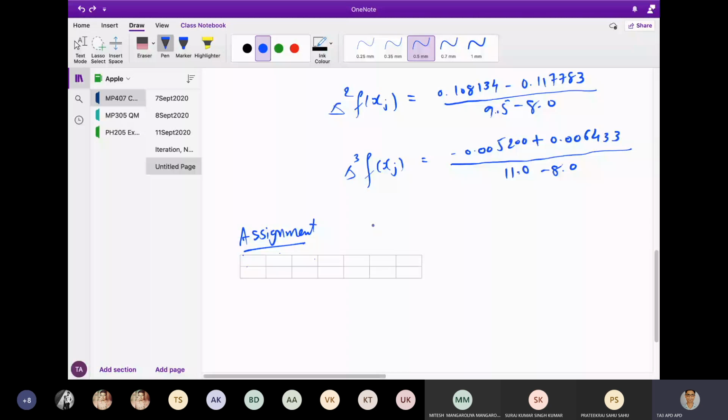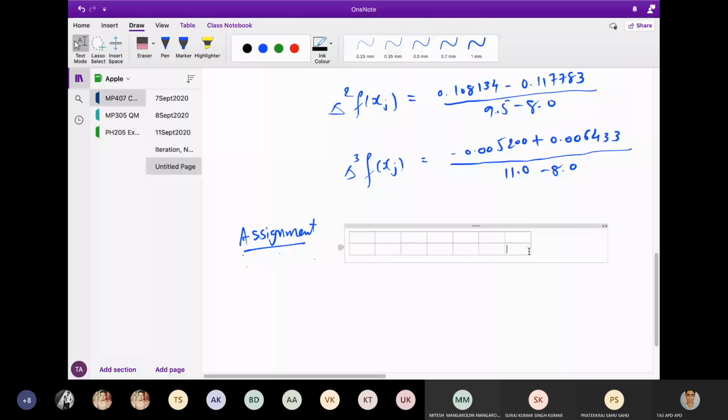So the data is that temperature is given as a function of the oxygen concentration.